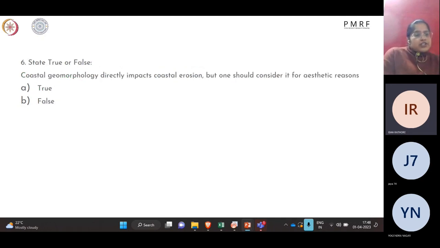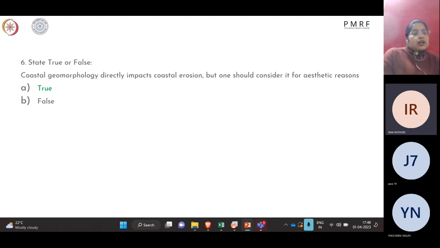So moving on to question six, state true or false. Coastal geomorphology directly impacts coastal erosion, but one should consider it for aesthetic purposes as well. Is the statement true or false? Okay, so this statement is true because a lot of these coastal zones are associated with tourism.